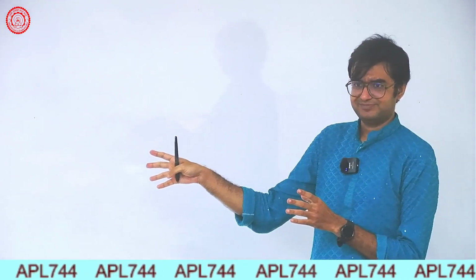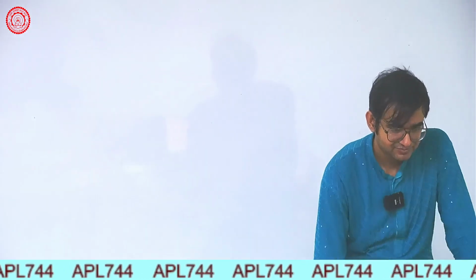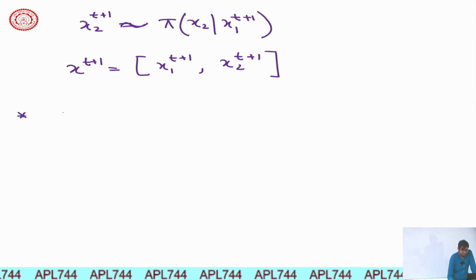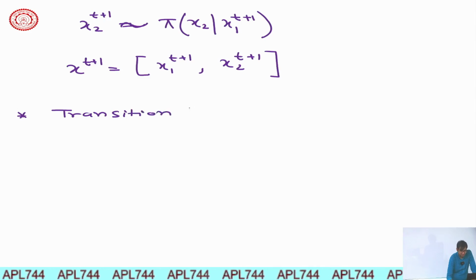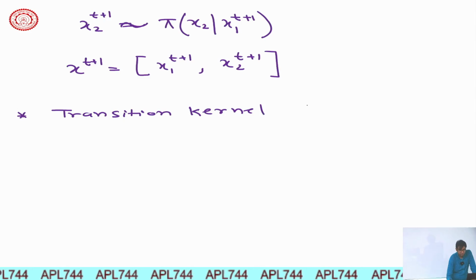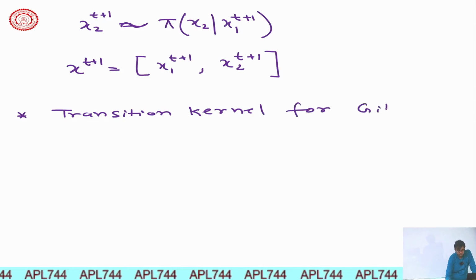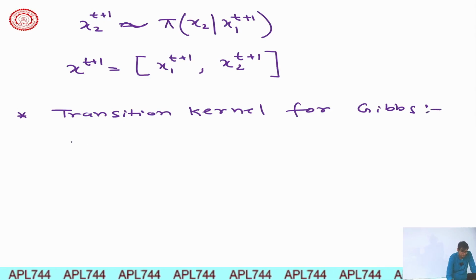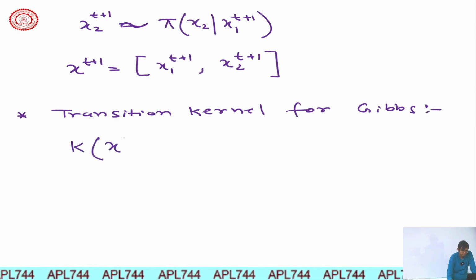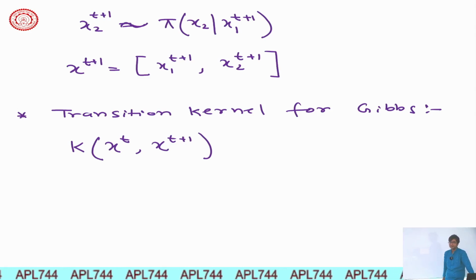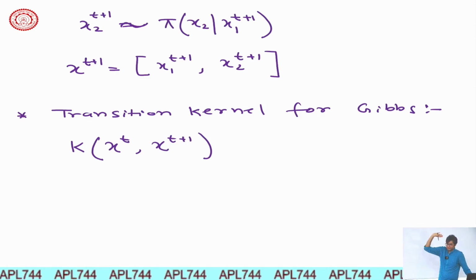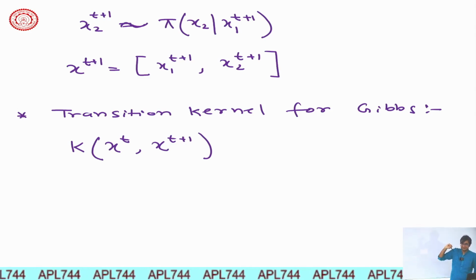Now you tell me what is the transition kernel for this, because I said this is a Markov chain. If it is a Markov chain, what is the transition kernel? The transition kernel for Gibbs. What I want is K of going from x^t to x^(t+1). Previously I was writing it in the subscript, now I am writing it in the superscript to be consistent with the notation. You can write it in the subscript as well.